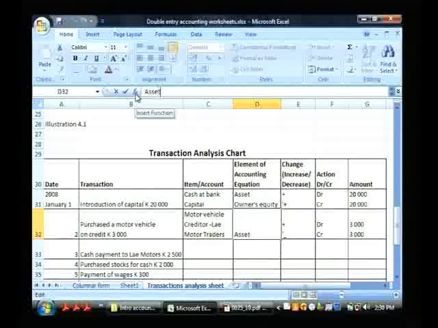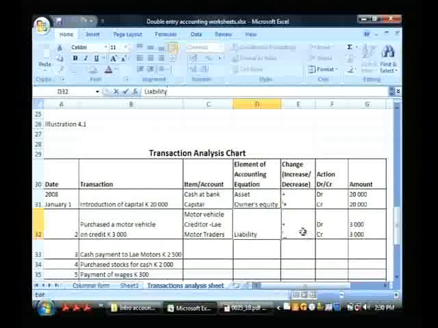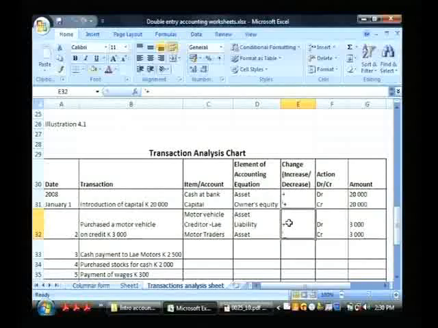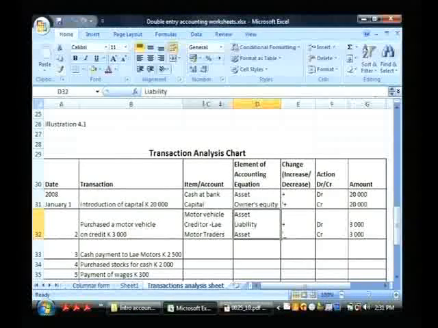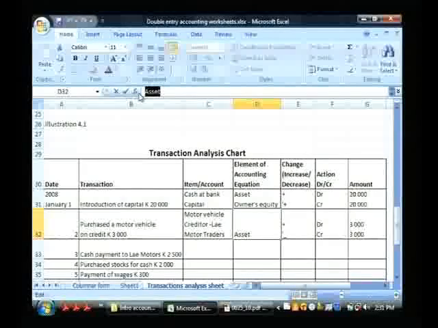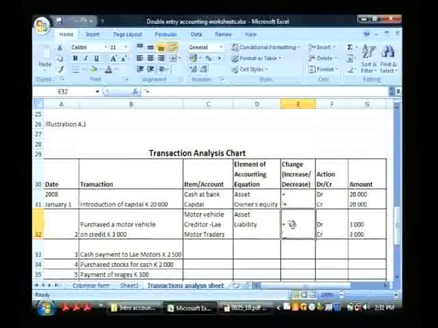Now increase or decrease: asset increased, and liability also increased.